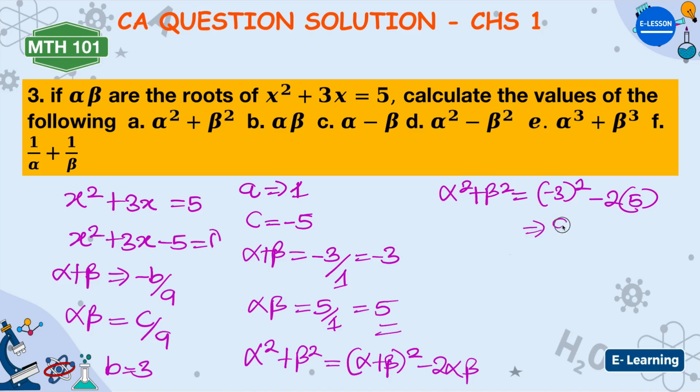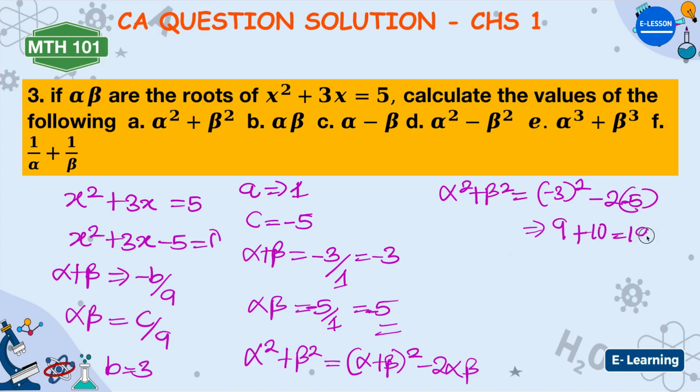Minus 3 squared will give us 9. Minus 2 times 5 will give us, is this supposed to be minus? Yes, it's supposed to be minus 5 because it's c over a and c is minus 5. So minus 5. Minus 2 times minus 5 will give us what? Plus 10.